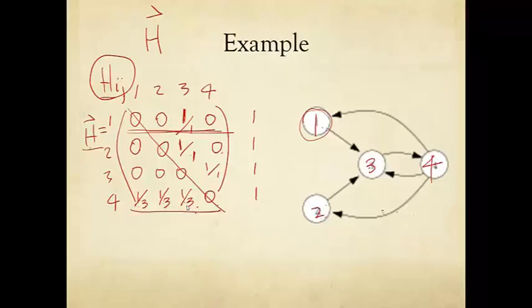For example, now when I say I want to write down the relationship of these nodes' importance scores, for example, pi 3 equals pi 1 plus pi 2 plus pi 4 over 3, because pi 4 is split across 3 ways.